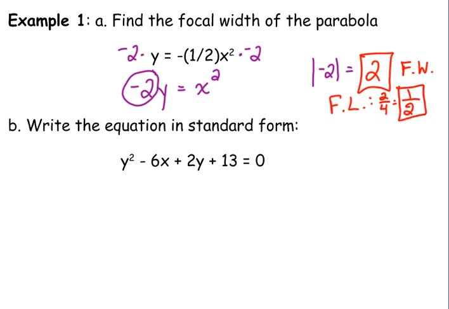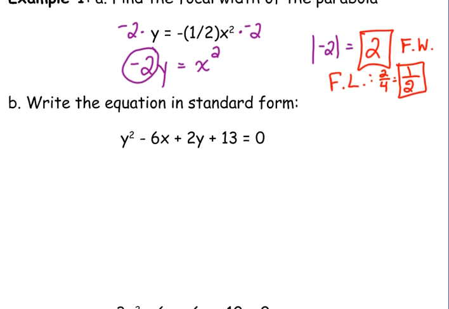So the focal length is 1/2. Okay, but the key is it's got to be in standard form, so the squared term has to be by itself.